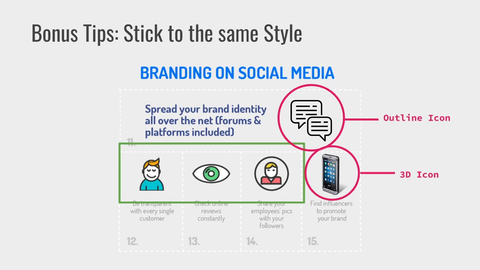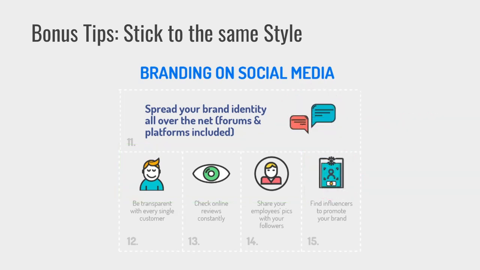It is an outline icon and a 3D icon, so it creates chaos and makes your design messy when you put in different types of icons. So what you have to do is change it, and then the design is quite pleasant to your eyes, and especially to your viewers.